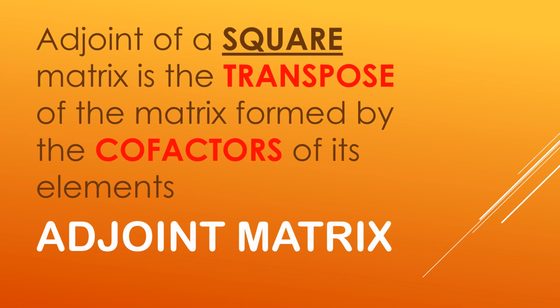So, to find the adjoint of a square matrix, we first replace all the elements in that square matrix with its cofactors and then take the transpose. So that is the adjoint of a matrix.